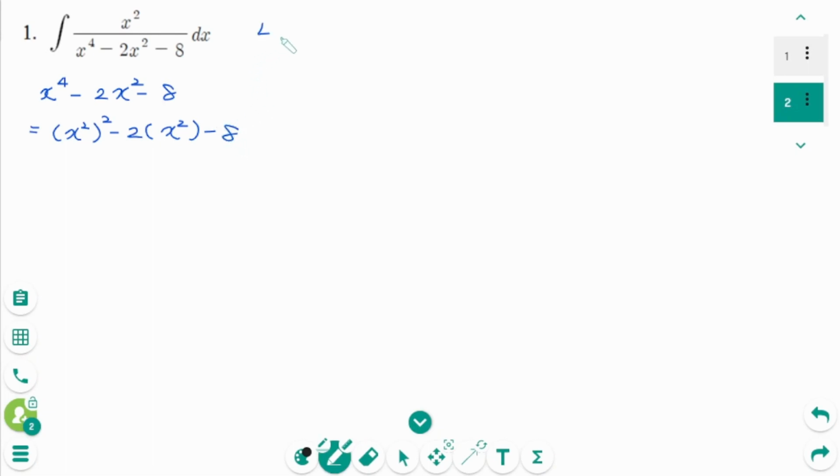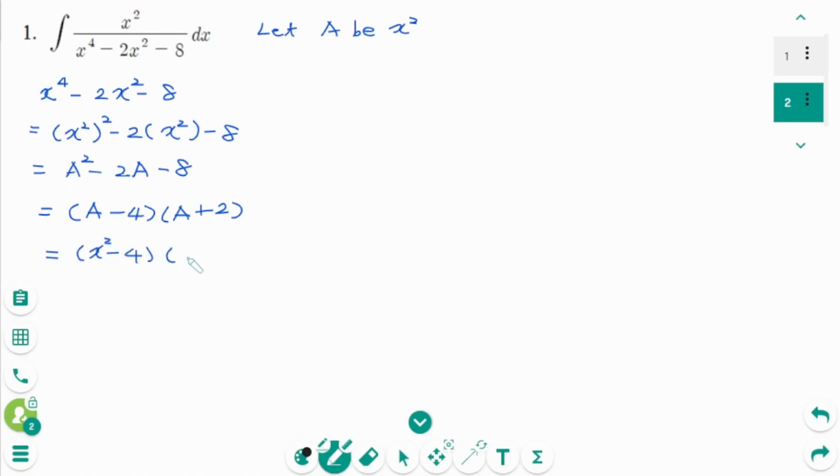Then let a be x squared. Then we can rewrite as a squared minus 2a minus 8. Then we can factor a minus 4, a plus 2. A was x squared, then x squared minus 4, x squared plus 2.